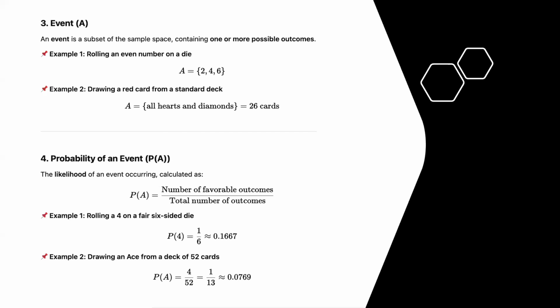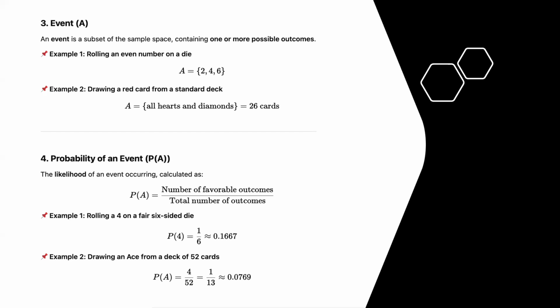Let's talk about another example. The next example is drawing an ace from a deck of 52 cards. Can anyone tell me how many aces are there in a 52-card deck? Four, great. In this case, what are the favorable outcomes?